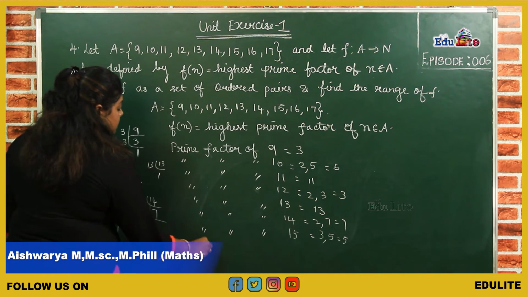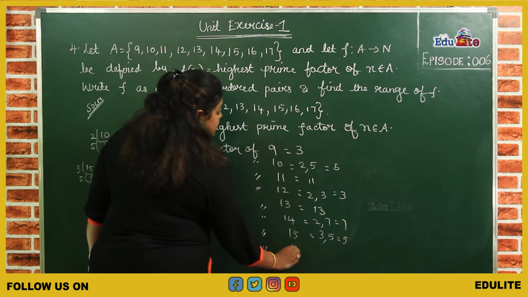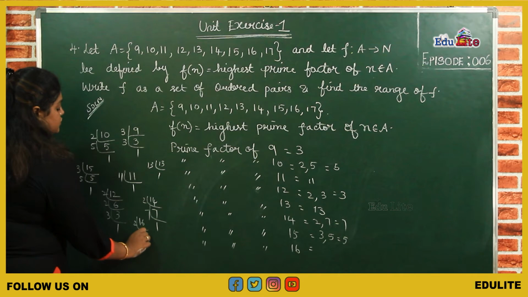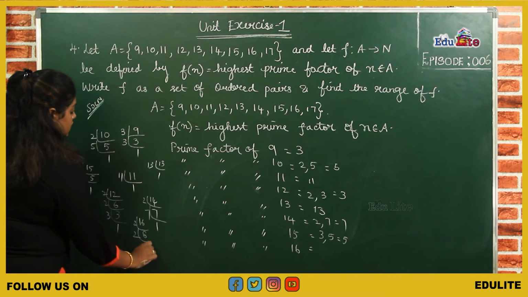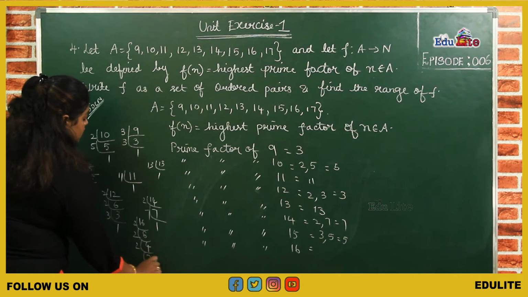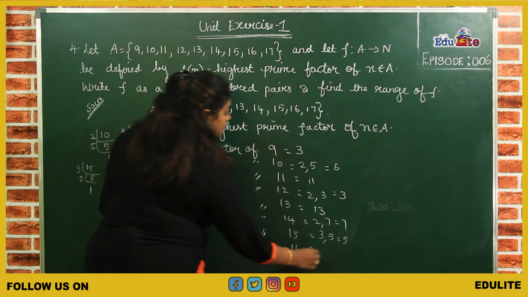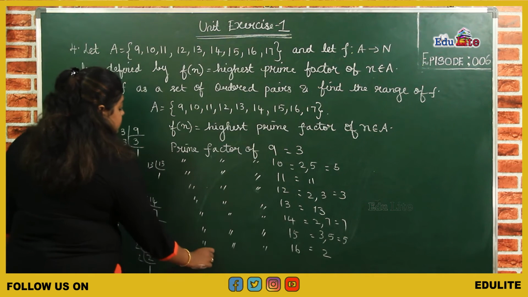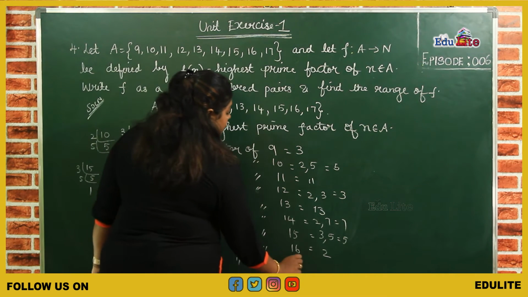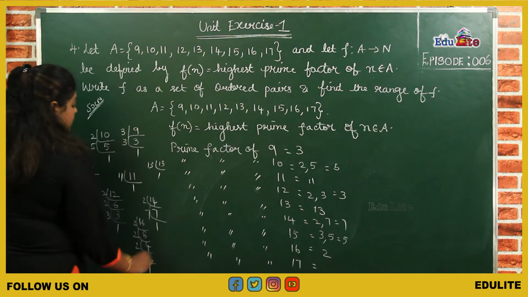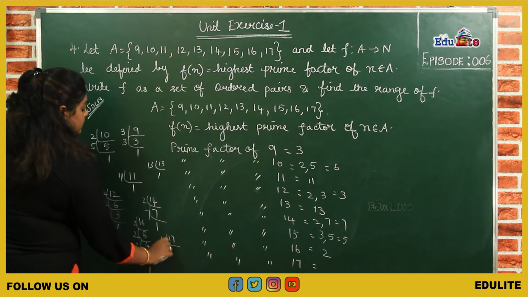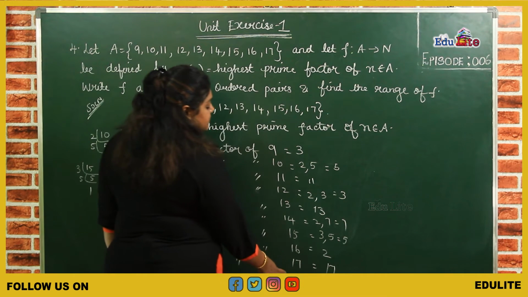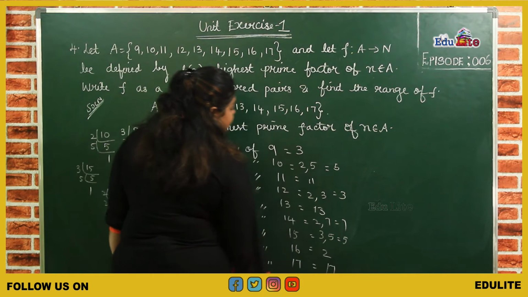Next is prime factor of 16. For 16, 2 eights are 16, then 2 fours, then 2 twos, so only 2 is the prime factor for 16. Next is prime factor of 17. 17 can be divided only by itself, so the highest prime factor of 17 is 17.